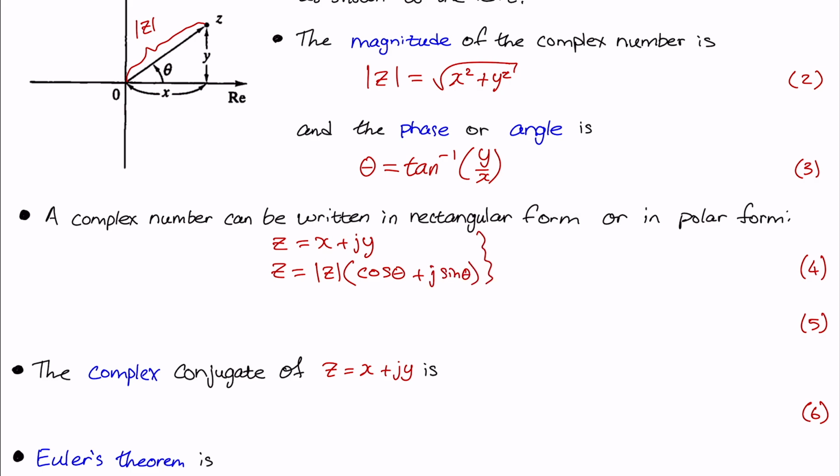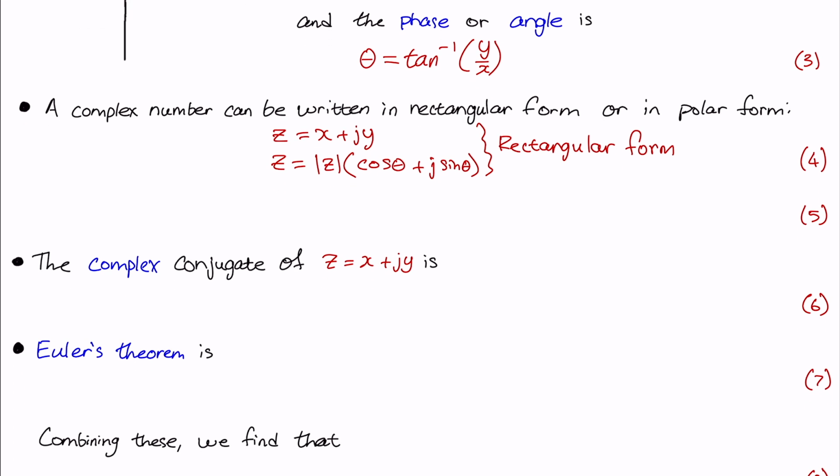And those two are our rectangular form. We can also write it in a polar form. We can say that z is equal to the magnitude of z times e raised to the j theta. And sometimes you'll see it written as z is equal to the magnitude of z times the angle theta. And these are our polar forms.